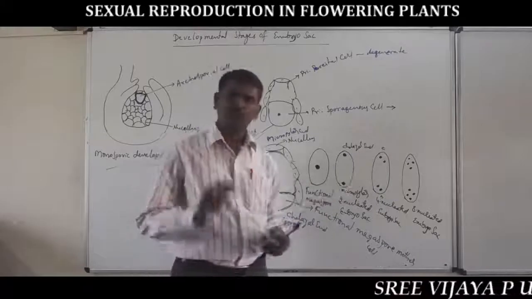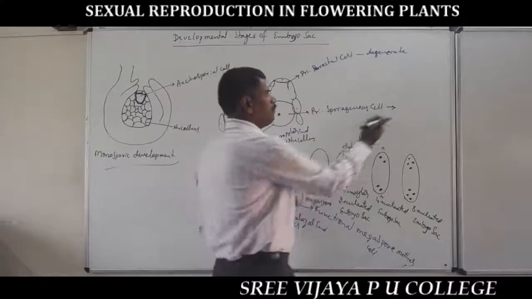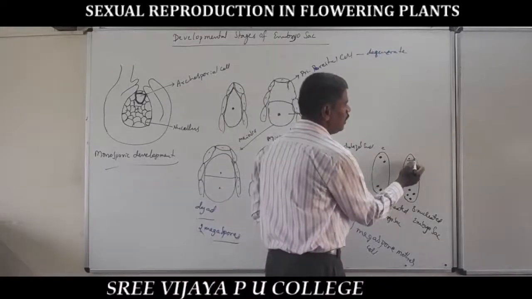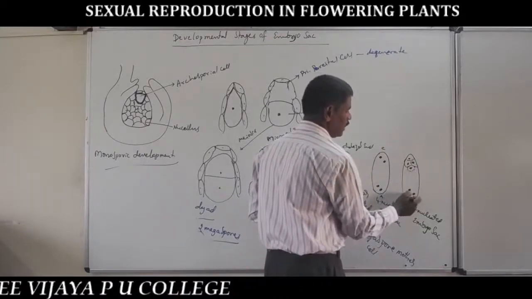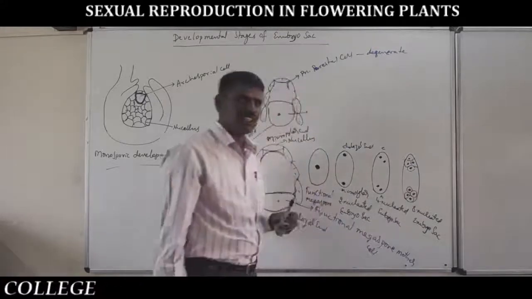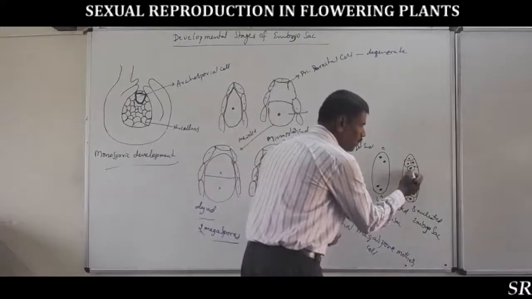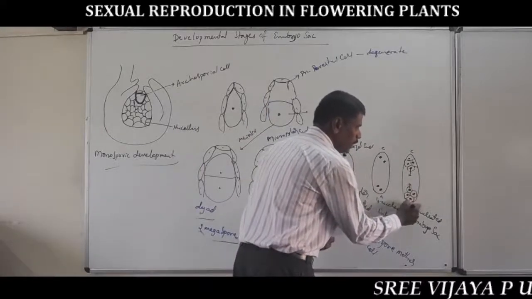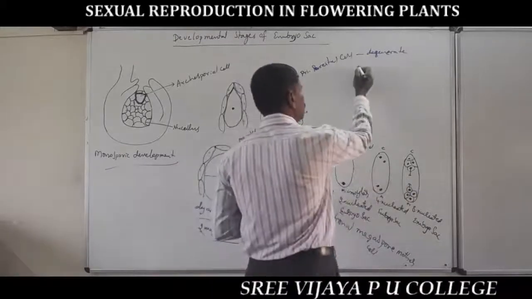So the cross wall formation starts here. Cross walls are formed around the cells. During formation of cross walls, one of the nuclei from the chalazal end and one of the nuclei from the micropylar end migrate into the center.